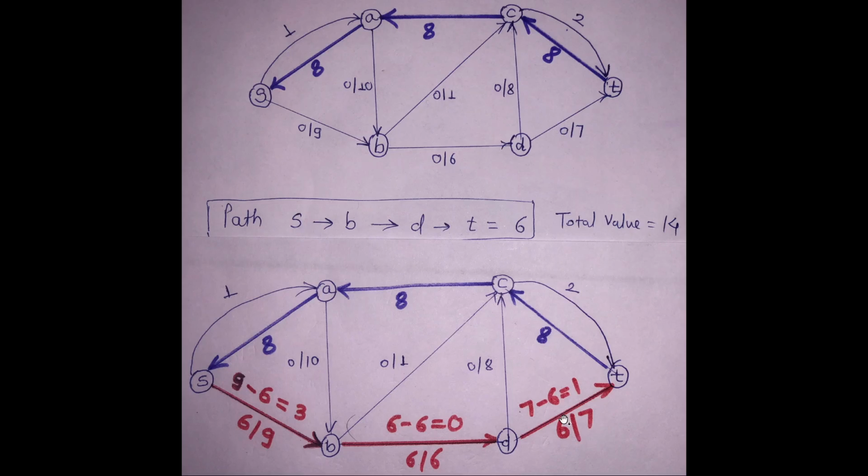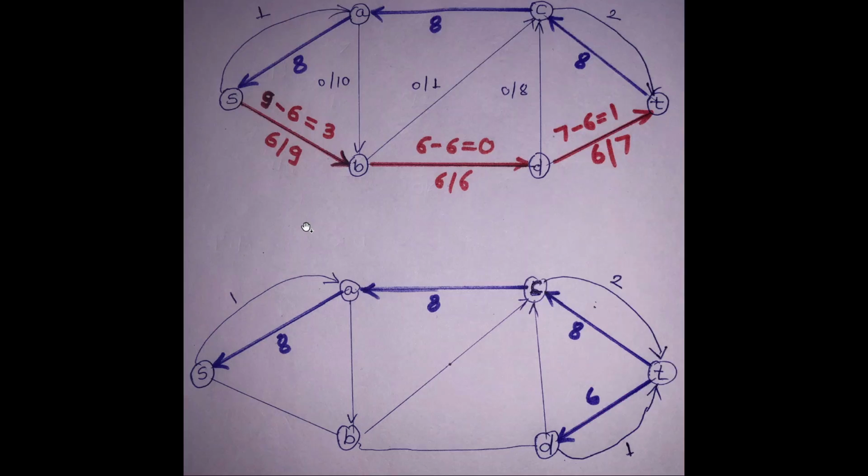Now we have to design a reverse flow for this new path also, that is T to D, D to B, and B to S. The above one is already over here, that's why I'm directly showing it. Now we have to design only the new reverse flow.